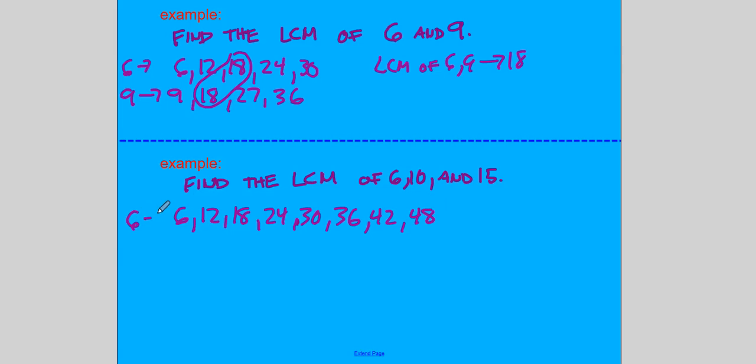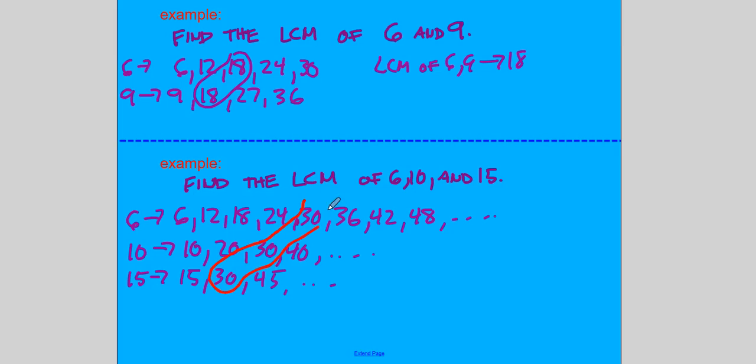Multiples of 10 are 10, 20, 30, 40, these go on, etc. Multiples of 15 are 15, 30, 45. Well, the smallest number they all divide into and the first multiple they have in common is 30. So the least common multiple, or LCM, of 6, 10, and 15 is 30.